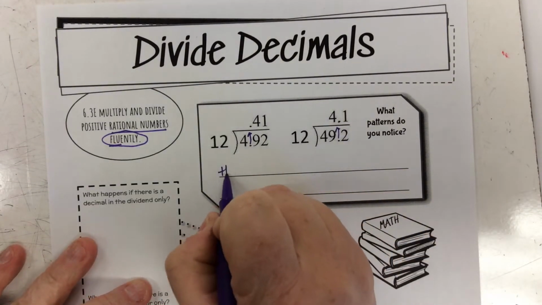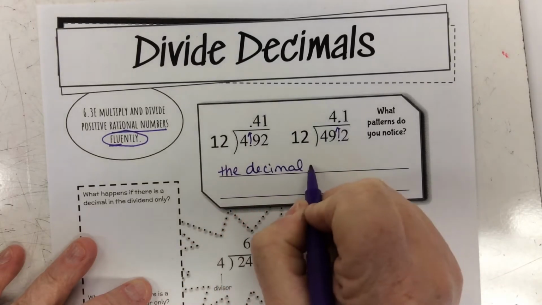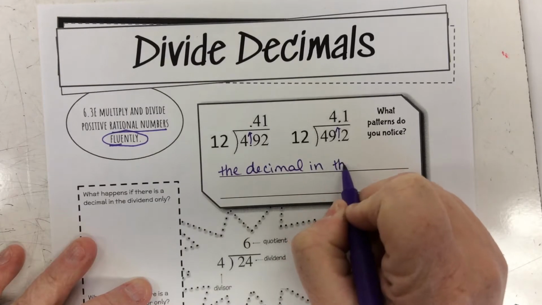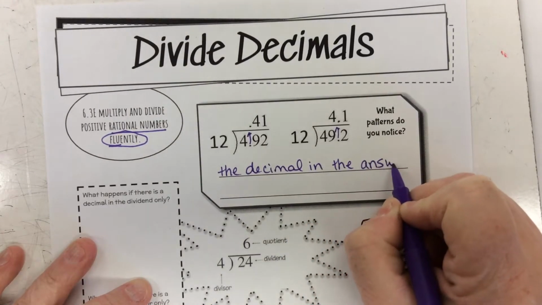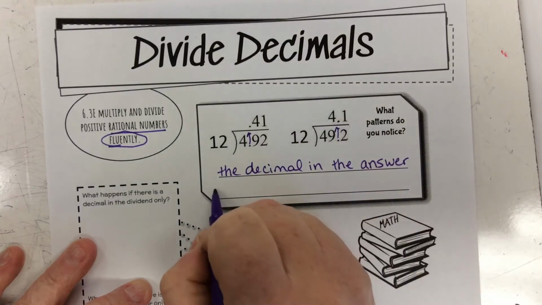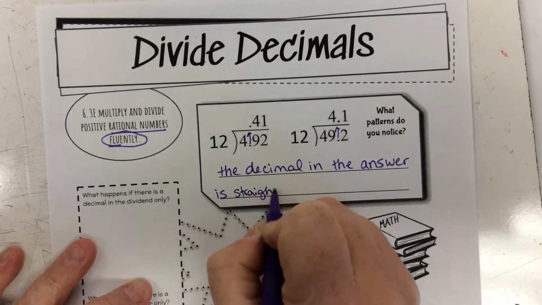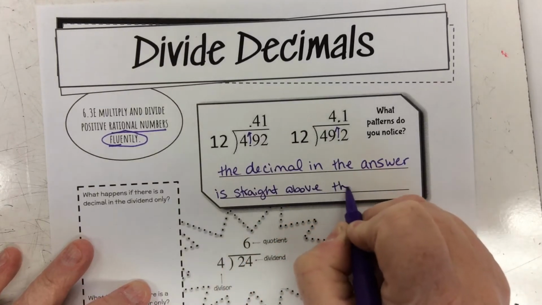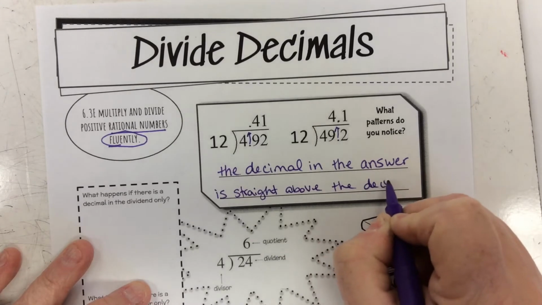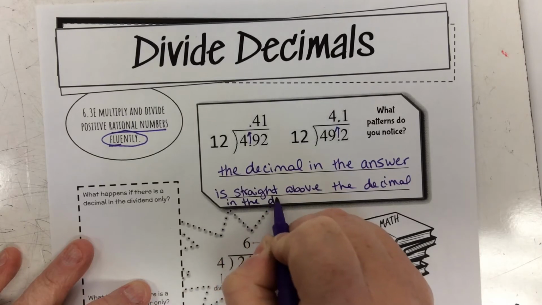We could say the decimal in the answer, and the correct word for that is quotient, is straight above the decimal in the dividend, and I'll say that's in the house.